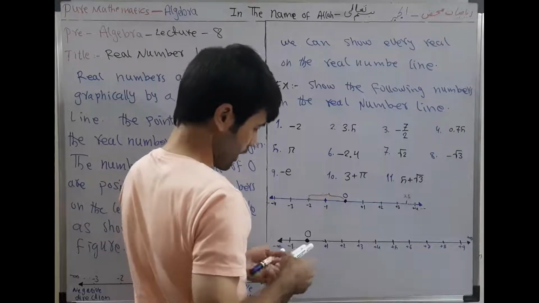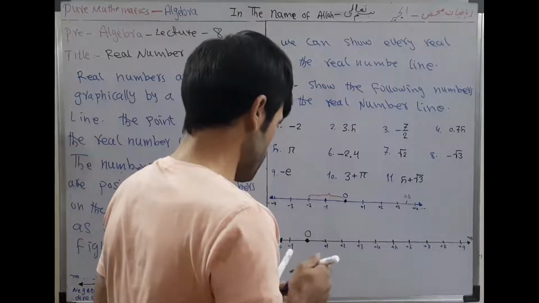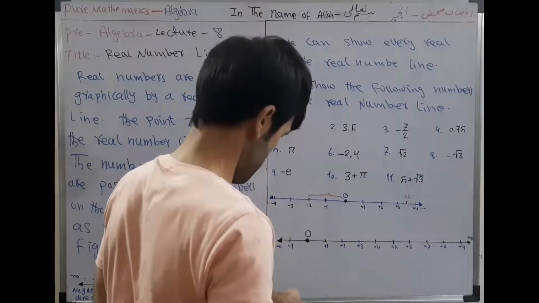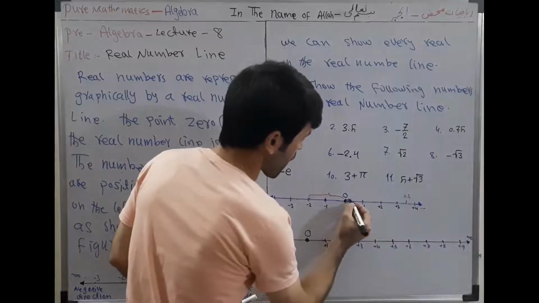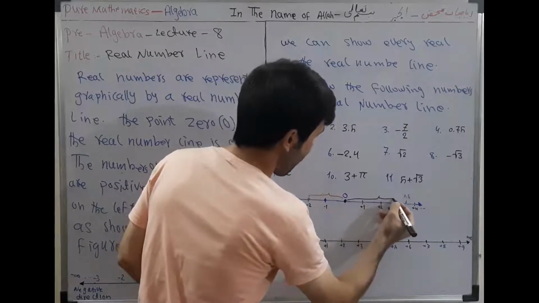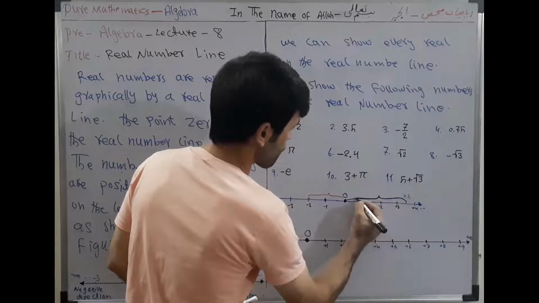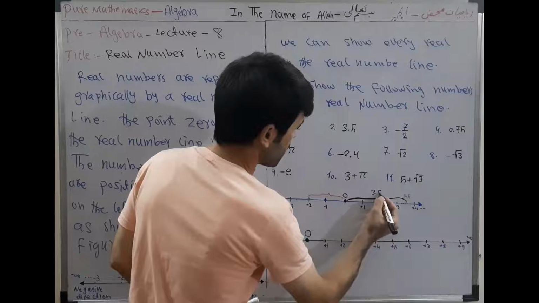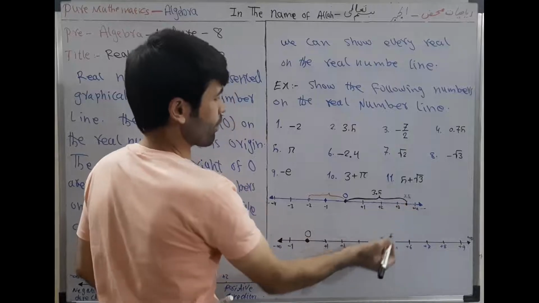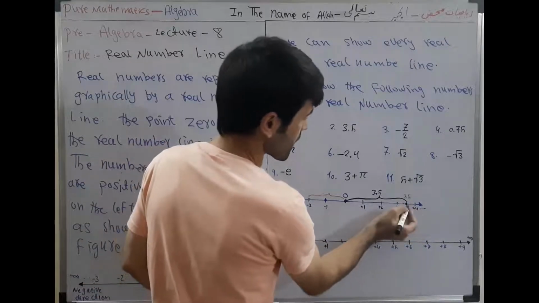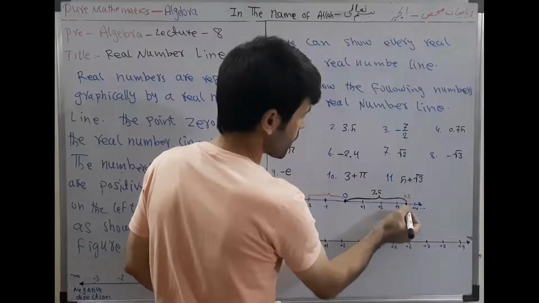It means from the origin up to here is 3.5. It is in the middle, between 3 and 4.